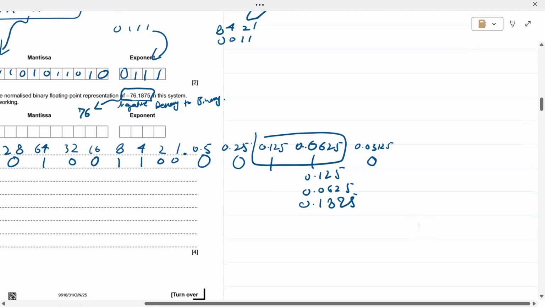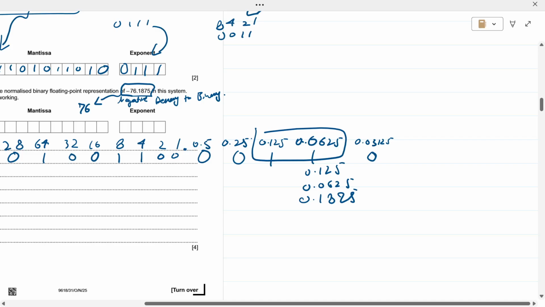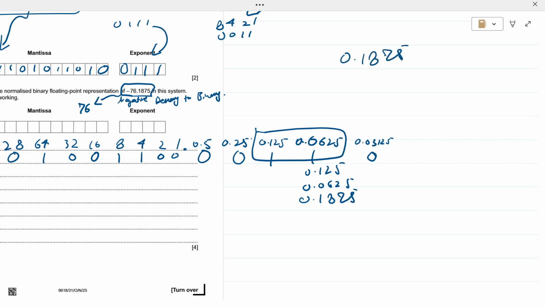But there's one thing you need to know. You're not going to have enough time to do this hit and trial method in the exam. So what is it that you do? You take the decimal part, that is 0.1875 in this case, right? And then you try to find the amount that is lesser than this and closest to this, not greater than it, right? Here 0.5 is greater than that, 0.25 is greater than that, but 0.125 is lesser than 0.1875.